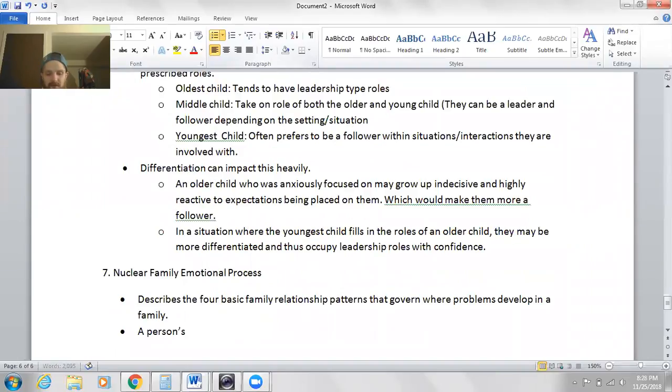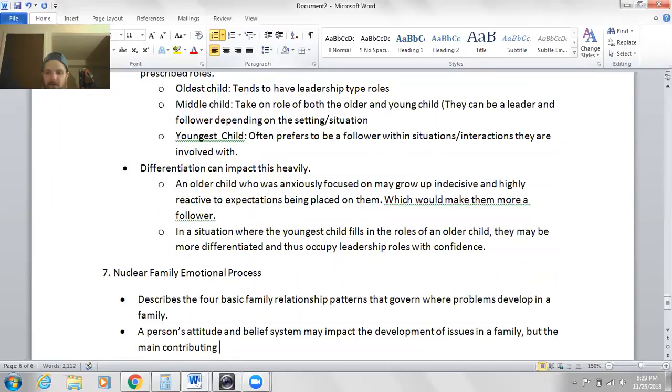So a person's attitude and belief system may impact the development of issues in a family, but the main contributing factor is the emotional family system.